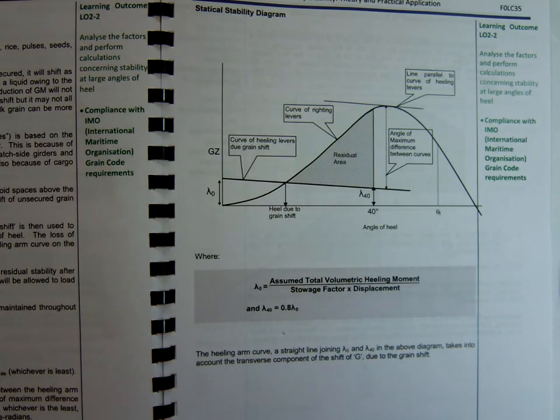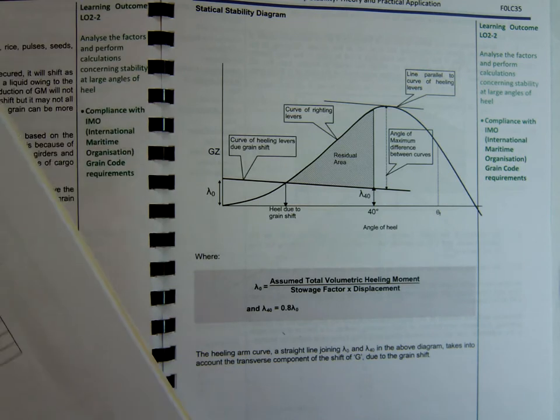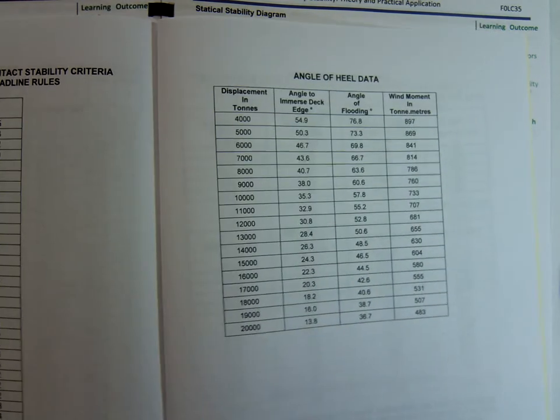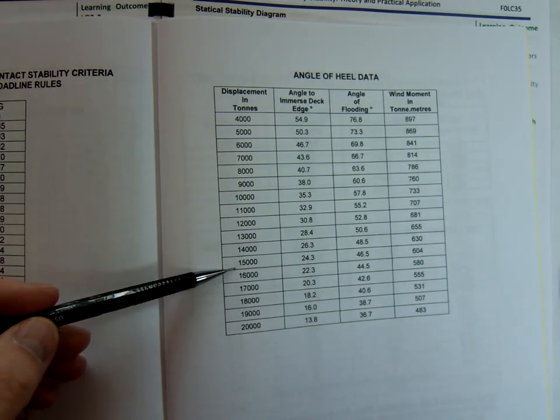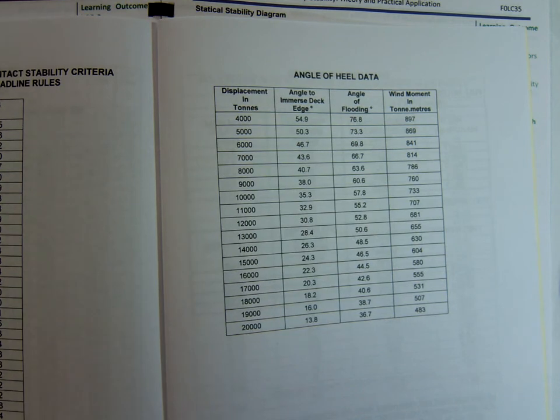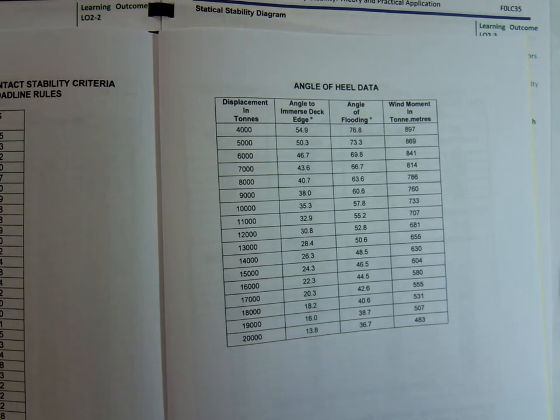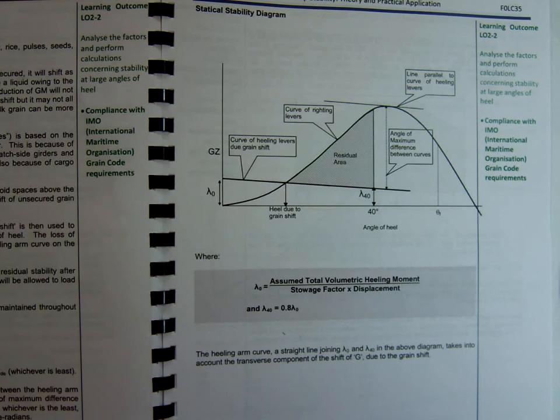We would also go into our angle of heel data with our displacement and look up the angle there, which is the angle of flooding. We would compare those two with the angle of 40 degrees. Whichever is the least, that's the one we would measure to.